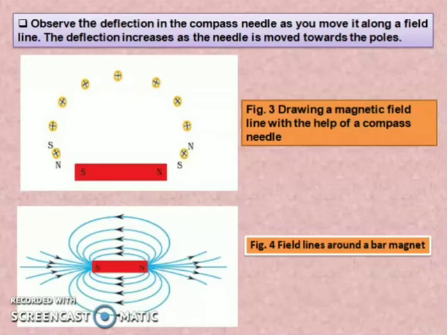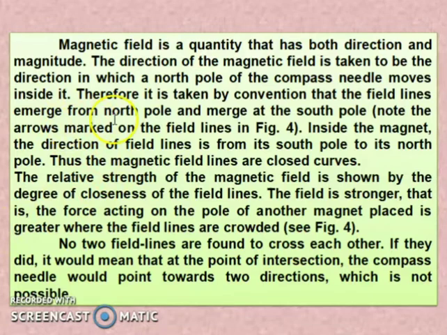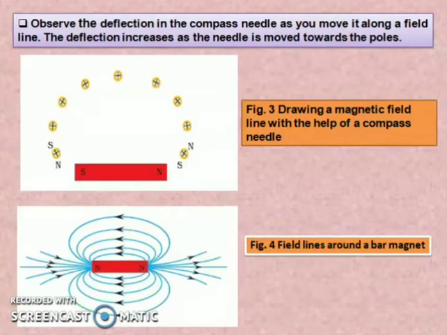The field lines emerge from a north pole and merge at a south pole, so the direction is from north to south.